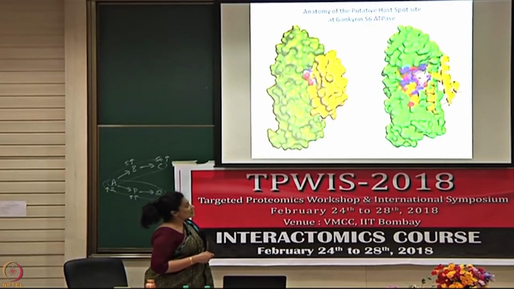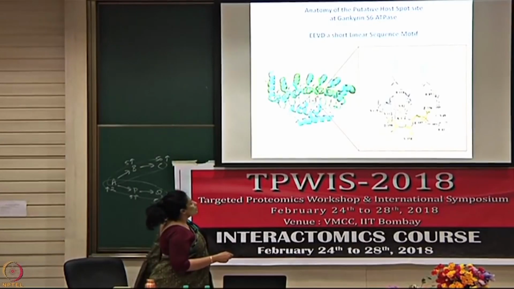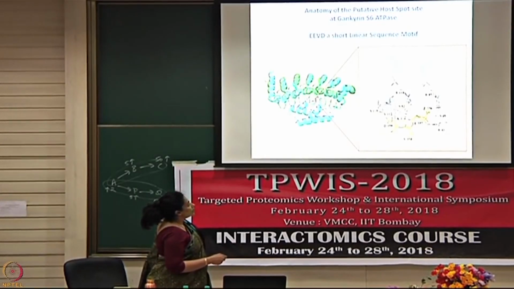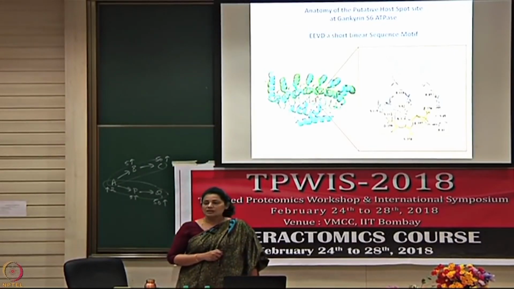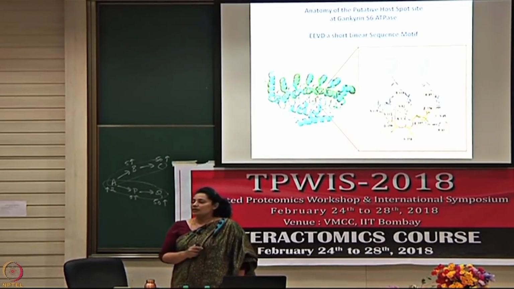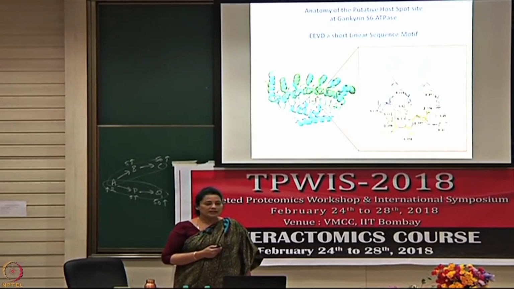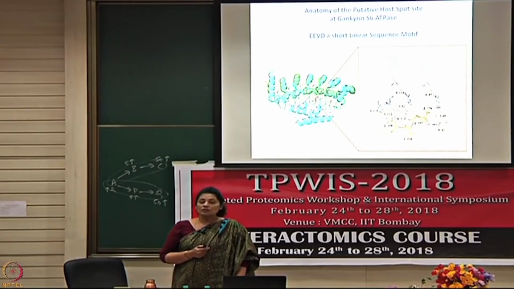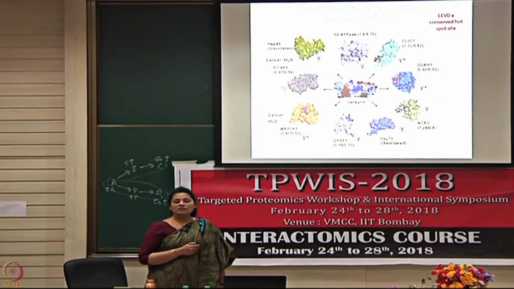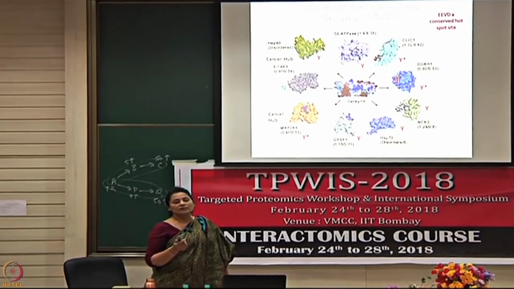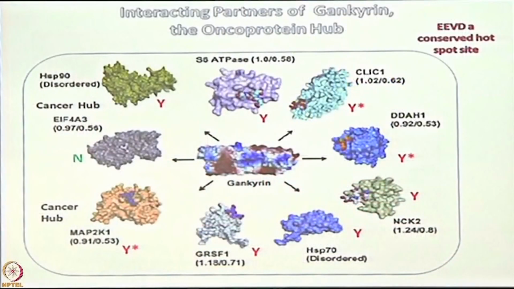We looked at residues that are there, and we found that EEVD from the S6 ATPase protrudes into the gankyrin surface, and if there are proteins which have EEVD on their surface, they are likely to interact with gankyrin. That is the prediction, a bioinformatics prediction, and we had some 32 proteins for which the crystal structures were available. So we know that these are in the accessible regions of the protein, and we tested 8 of them as to how many of them would interact.